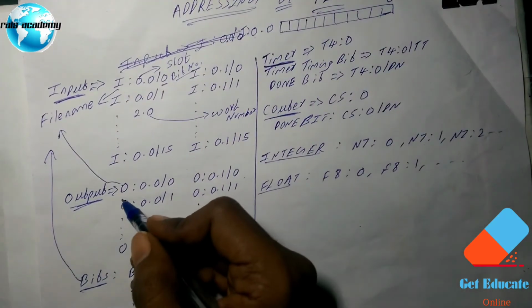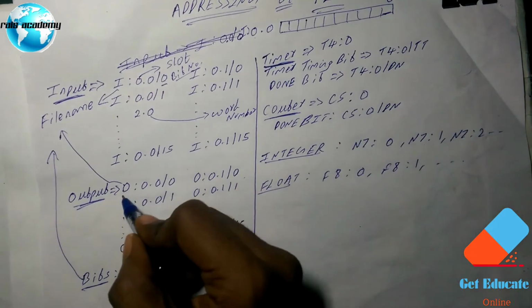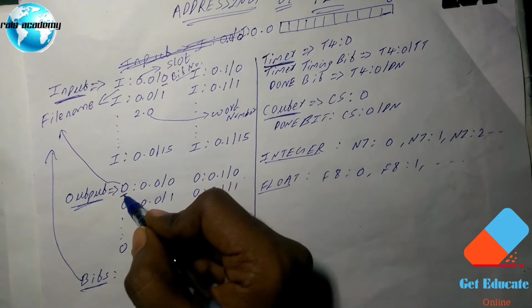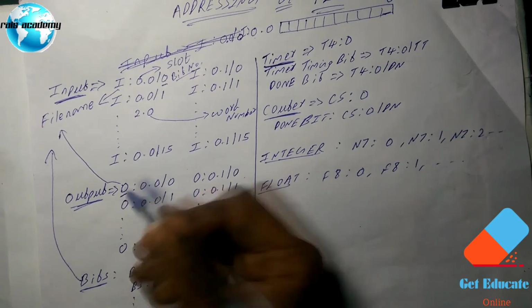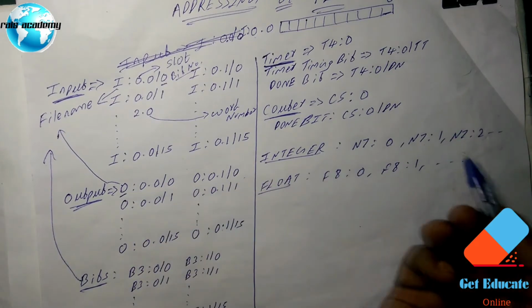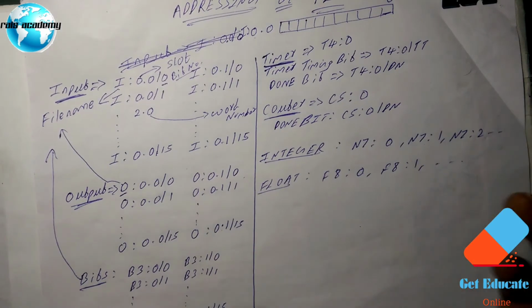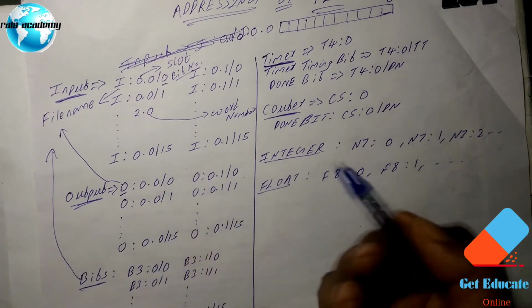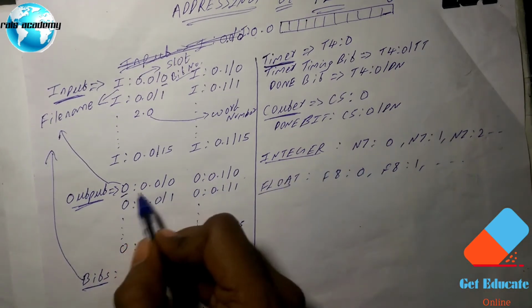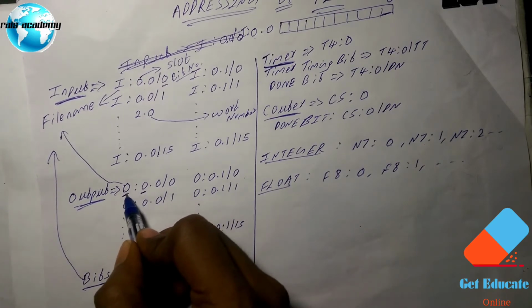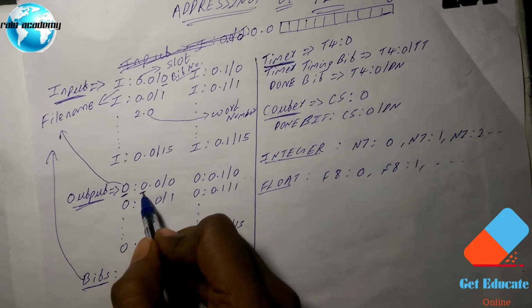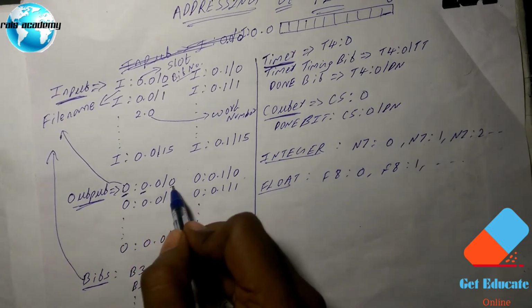Same for the output, O:0. Why are we writing 0 here? Because in a compact PLC, the inputs and outputs are already mounted in a fixed PLC, so we have the same slot numbers for inputs and outputs, and that's the reason we write 0 here. This is not a zero, I'm sorry, this is the letter O, the file name: output, 0th slot, 0th word, 0th bit.